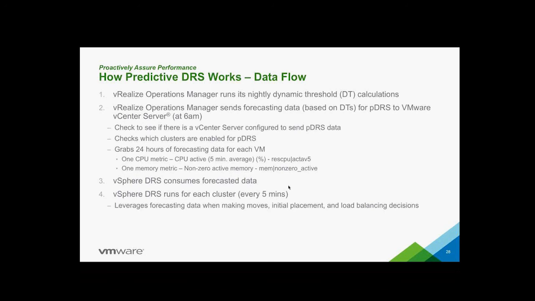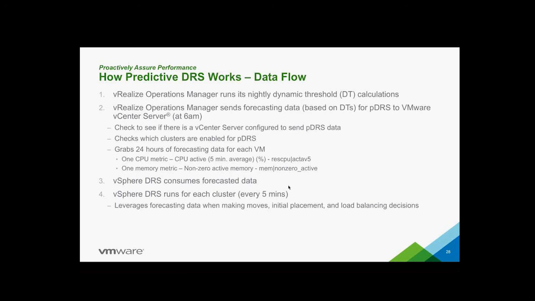And we basically check to see if vCenter Server is configured to send PDRS data, check which clusters are enabled for PDRS, and grab 24 hours of forecasting data for each virtual machine. One CPU metric is basically a 5 minutes average, and one memory metric, which is non-zero active memory, again a 5 minutes average.